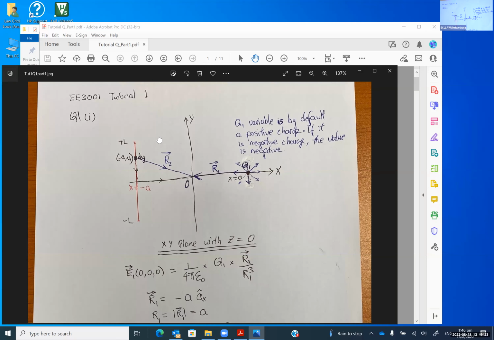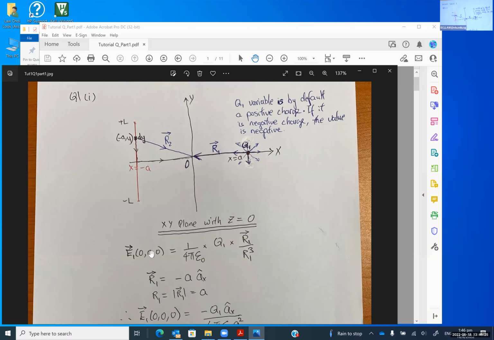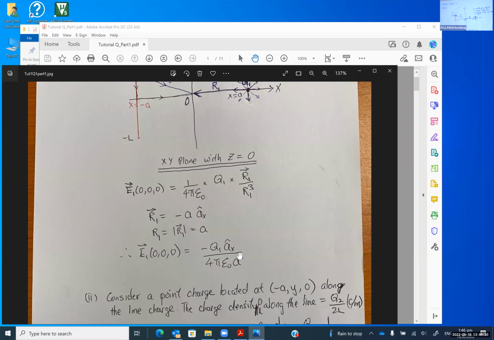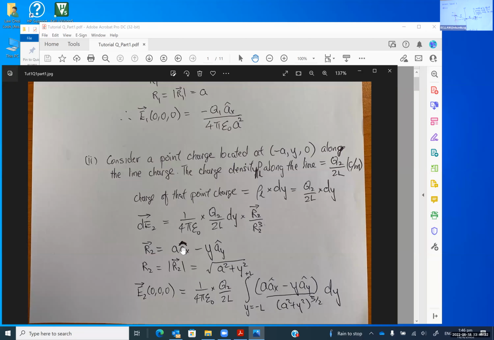So therefore, that's how I have this R2 vector as a a_x minus y a_y. Use matrix and solve it, and you should get the same answer. It's your field point minus your source point. Like I say, I like it to be visualized because a real life problem is always solving some real thing that is a real life figure.